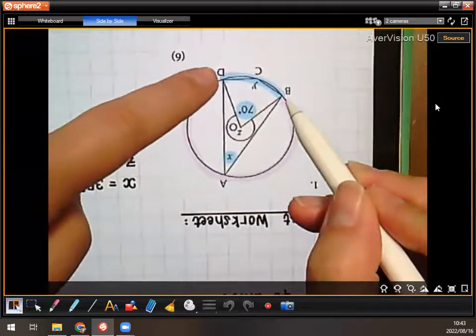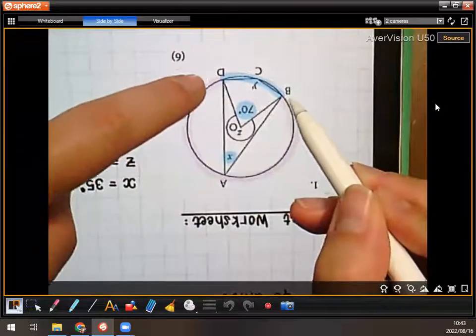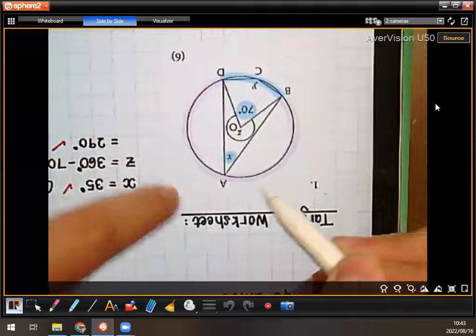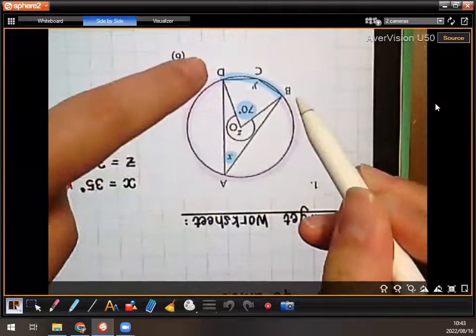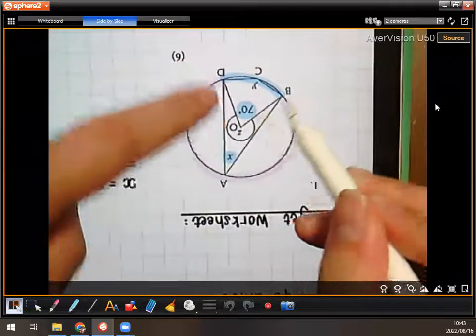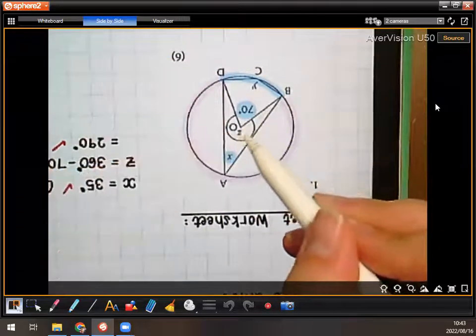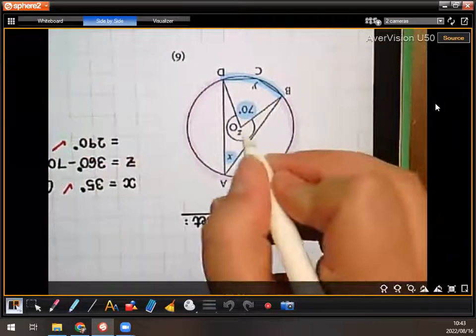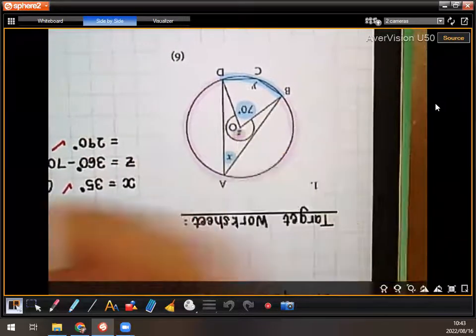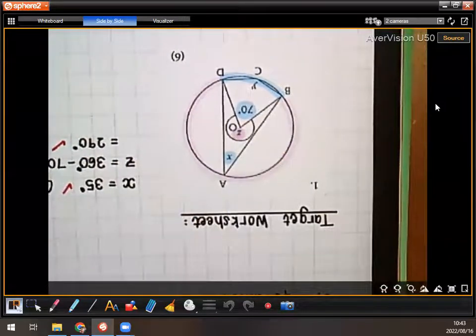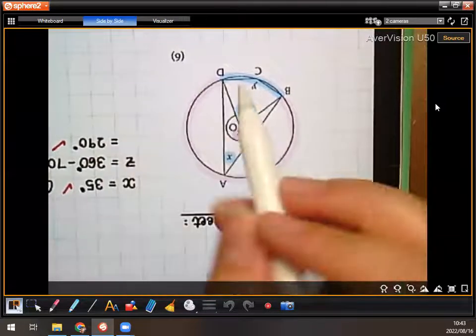If you look at those 2 lines coming from the end points of major arc BE, those 2 lines meet and they subtend angle Z. The thing with subtending an angle, an arc or a chord only subtends an angle if it's on the same side as that arc or chord.